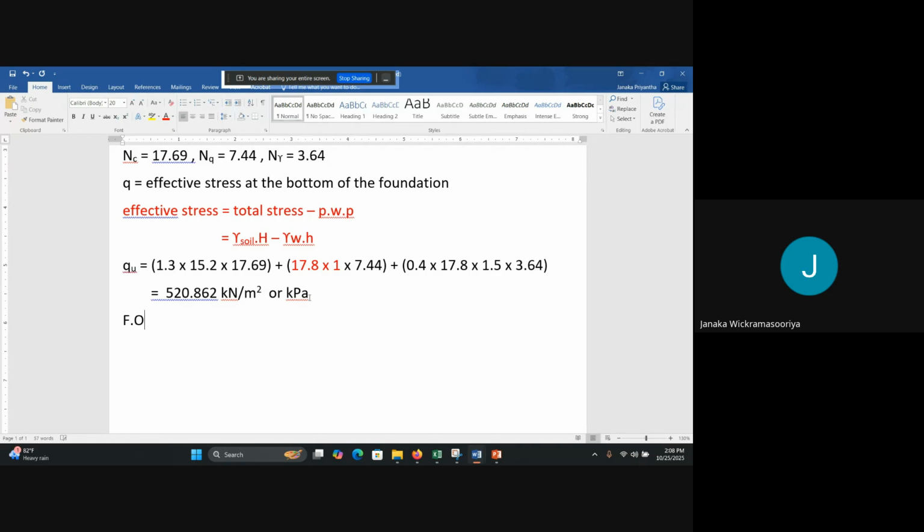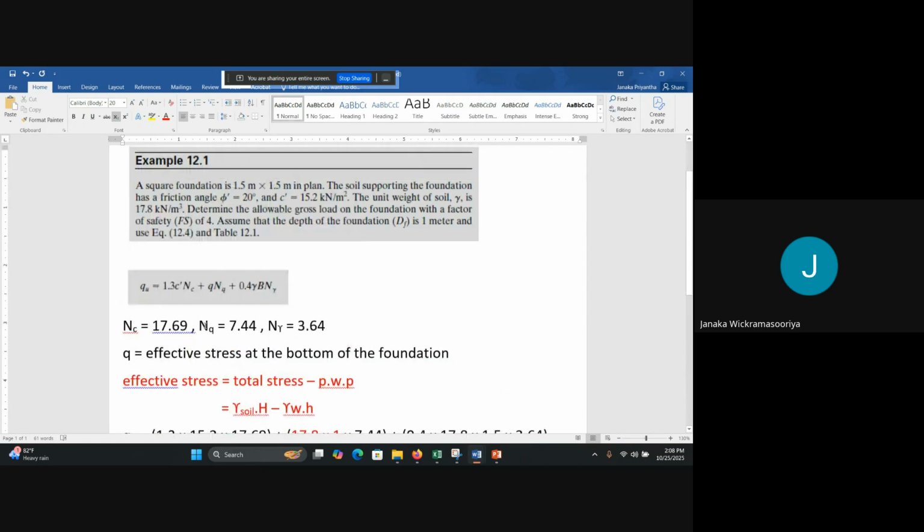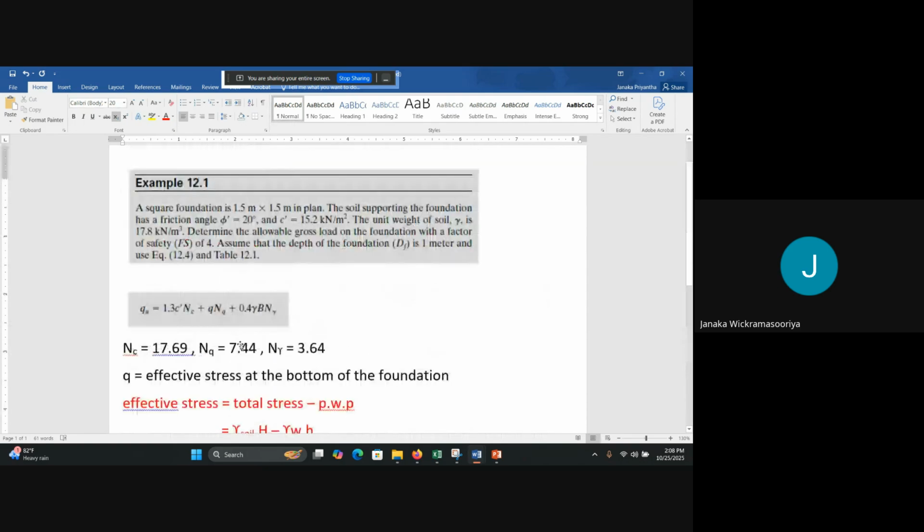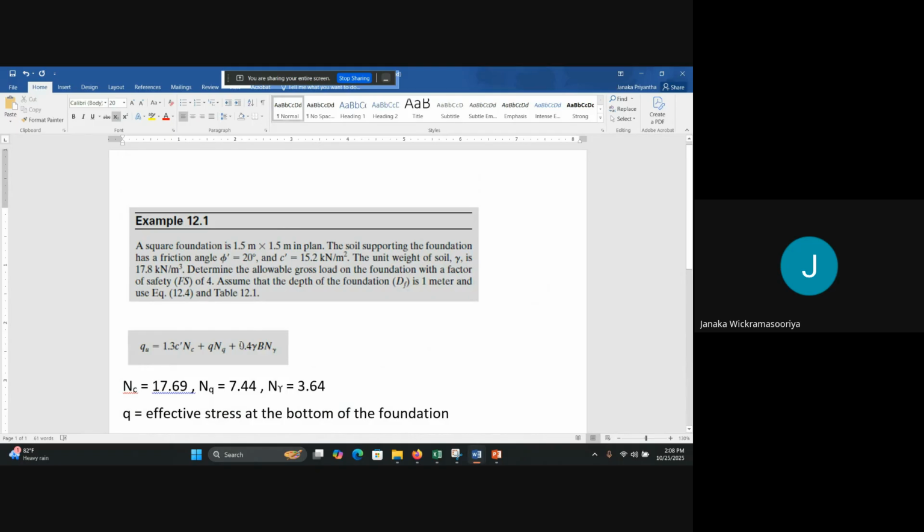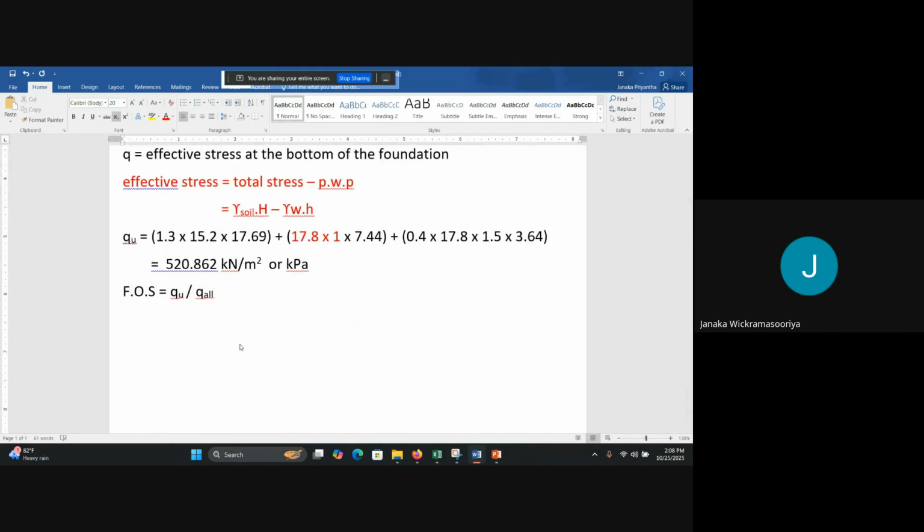Factor of safety equals Q ultimate divided by Q allowable. Q means a stress, right? This Q is a stress, but what they ask is a load. First we will find the allowable stress.